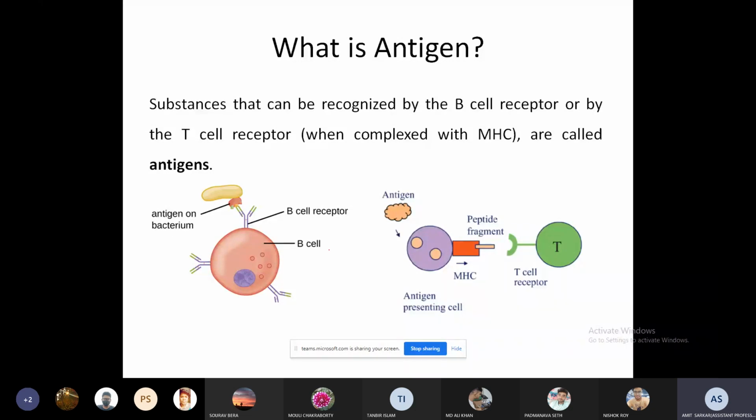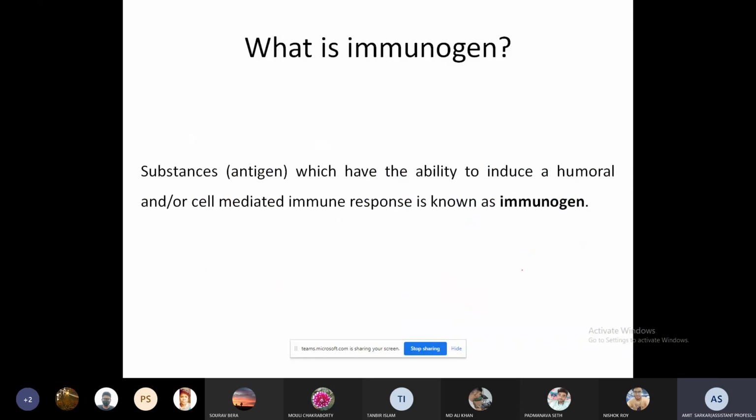So they are not activating or stimulating our immune response. If they are not doing so, then you cannot call them immunogen. Only those antigens or substances which have the ability to induce or stimulate whatever branch of immunity, cell mediated or humoral, are known as immunogen.